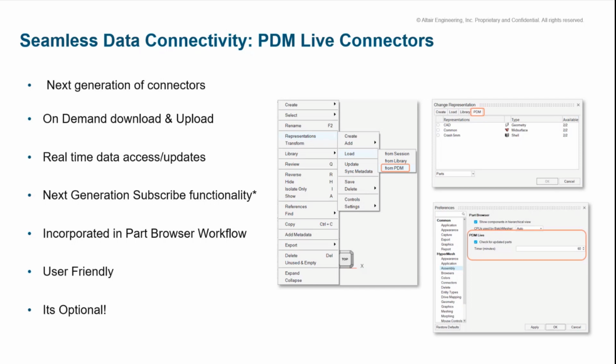Part browser works with or without PDM systems. So even if you choose not to utilize these PDM connectors, that is again the organization's decision. It doesn't affect part browser. We can still use the indirect integration to work with the parts and get the subsequent workflows going. So this is entirely optional, and it can be driven by the organization's need.